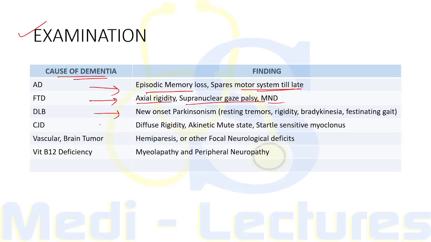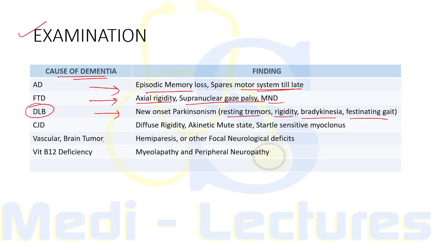In Lewy body dementia, there can be new onset Parkinsonism, which can give the findings of resting tremors, rigidity, bradykinesia and festinating gait. But usually Lewy body dementia most commonly starts with visual hallucination and dementia rather than Parkinsonism.